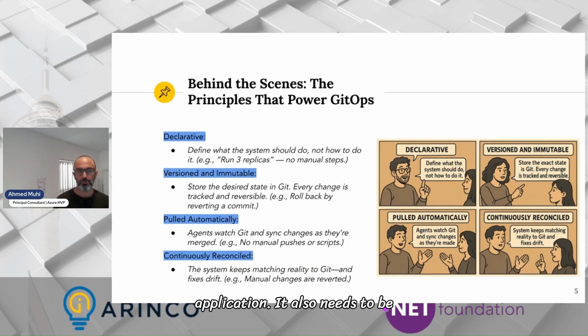It also needs to be versioned and immutable. Versioned, of course, means that if you store it in Git, any changes you commit will be versioned. But immutable means that once you push your configuration to your system, you're not allowed to go and change it manually. You have to create a new version of your configuration and push the new one. That is what it means to be immutable.